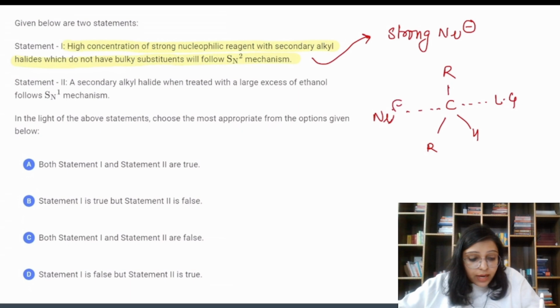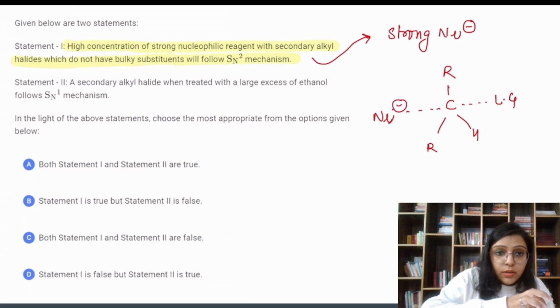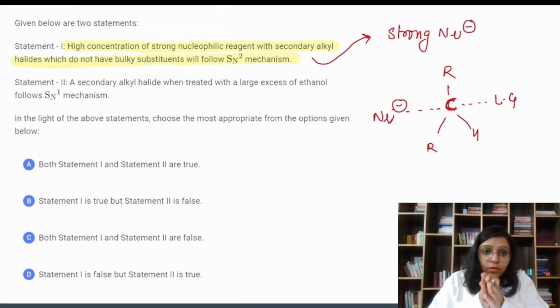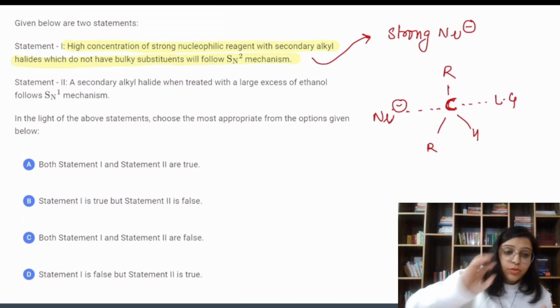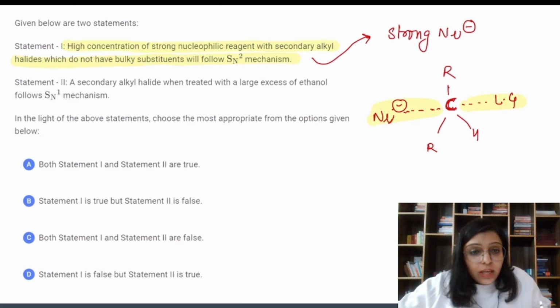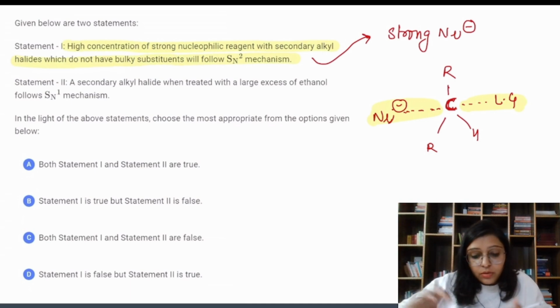If the nucleophile is strong, then it can form a bond with ease with this carbon. So before the breaking of the carbon and leaving group bond, the nucleophile attacks this carbon. So that's why, yes, SN2 happens when we have a higher concentration of the nucleophile or a strong nucleophile.